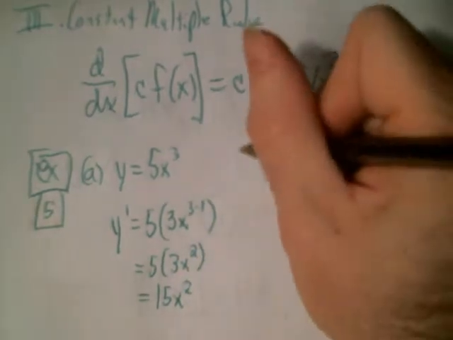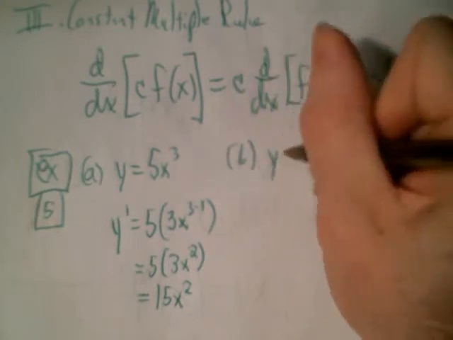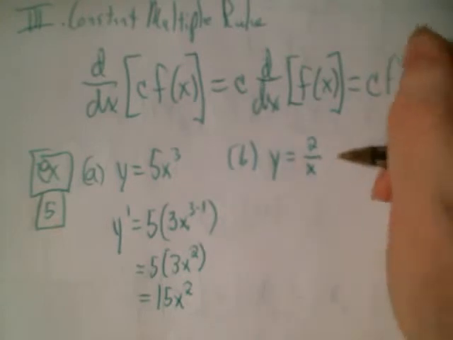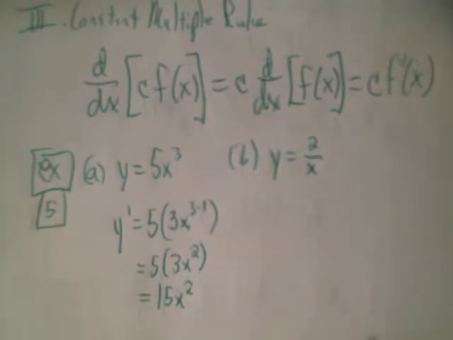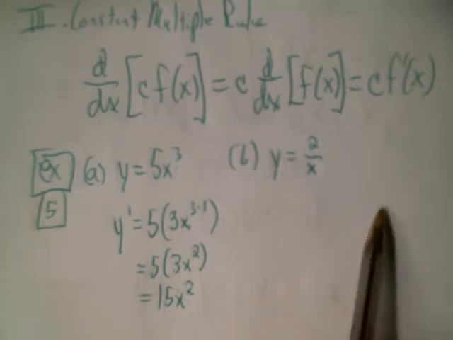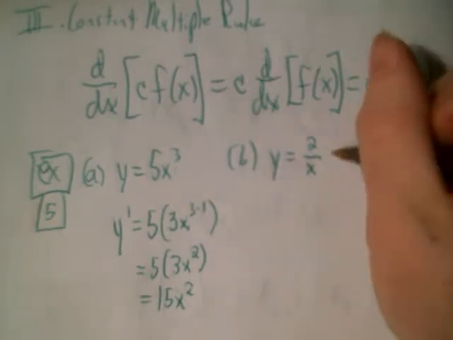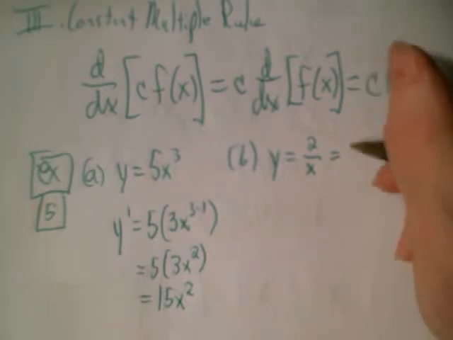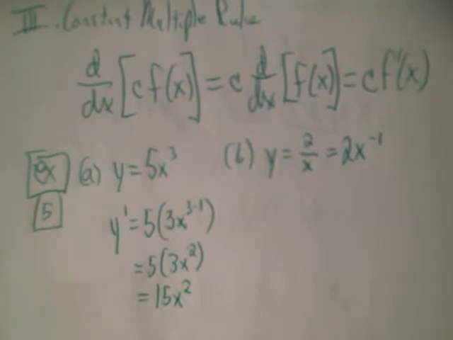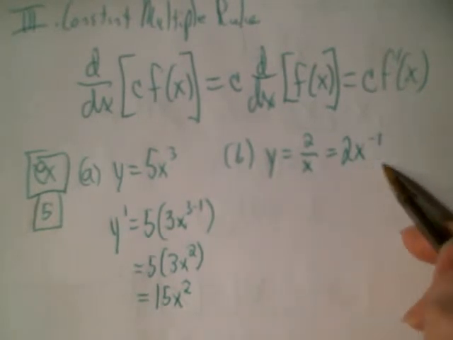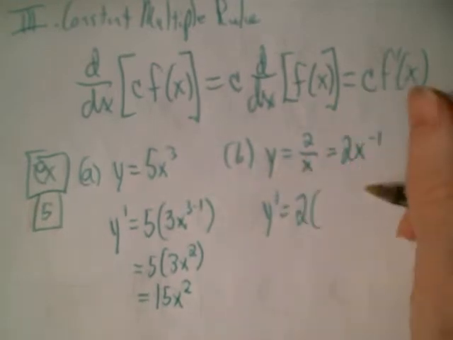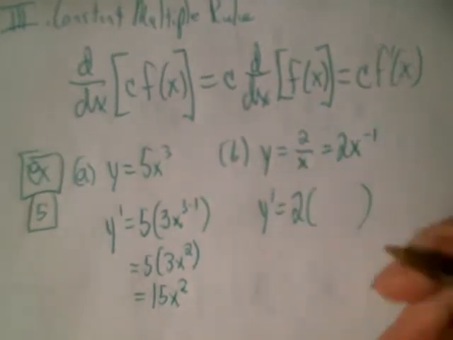Okay. Part B, you got y equals 2 over x. Again, similar to what we did with the radicals, you want to rewrite this expression with an exponent. So instead of 2 over x, we're going to write 2x to the -1. And then we're going to take the derivative of x to the negative 1. So y prime, leave the 2 alone, and then maybe set up some parentheses for the x to the negative 1.